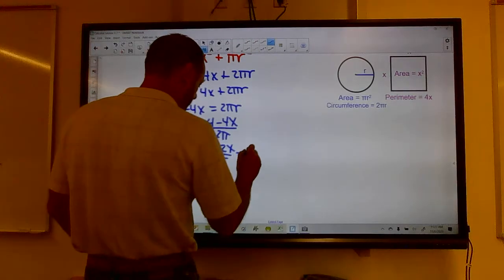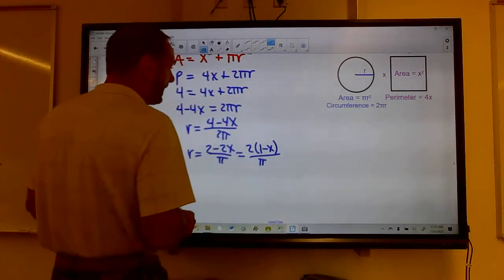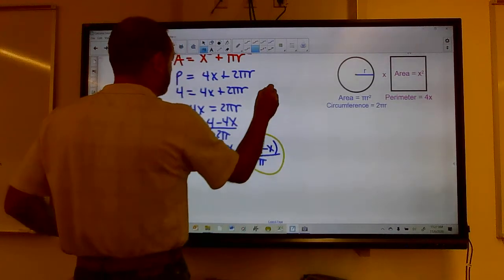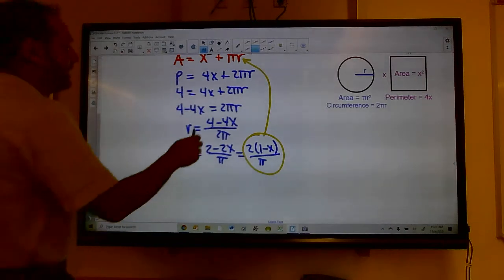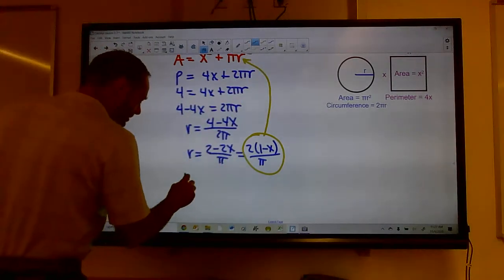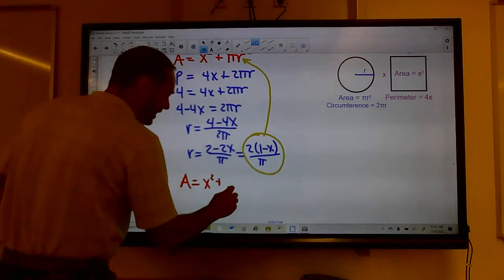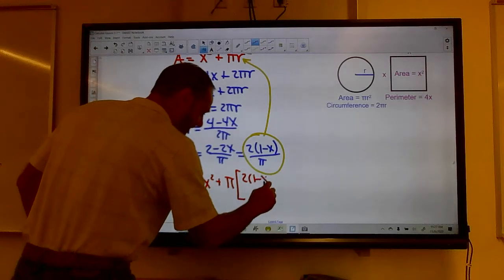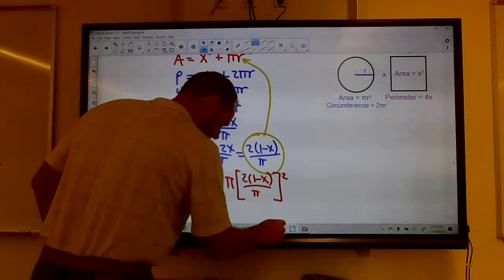In fact, I could rewrite that as 2 times 1 minus x over pi. I can take this and substitute it in here for r. And now I'm going to get a new area equation. Area is going to be x squared plus pi times 2 times 1 minus x over pi squared.